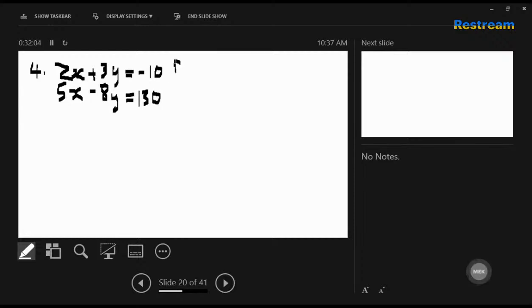So that's equation 1. That's equation 2.